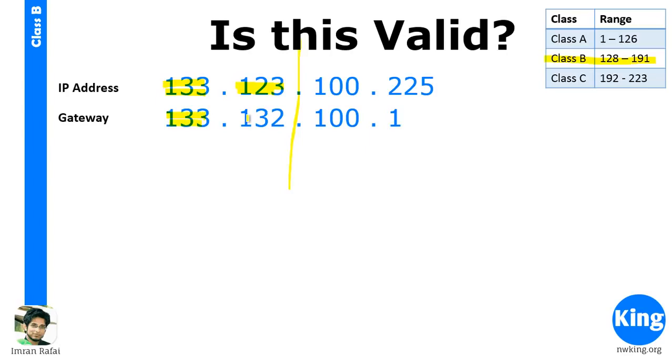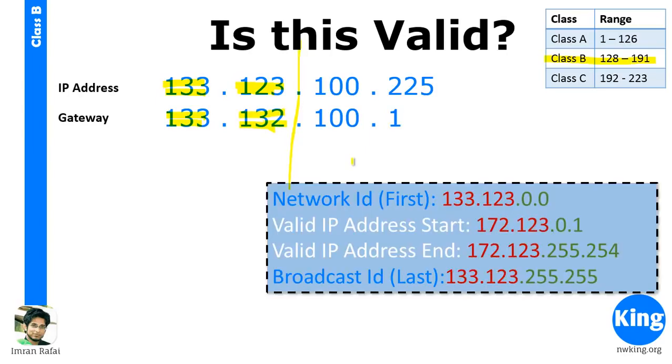Is it the same with the gateway? No, the gateway is in a different network, so it is wrong. So if you see, this is the first ID, this is the last ID, or the network ID and the broadcast ID, and the valid IP addresses are between these ranges. But our gateway is wrong and it is not valid.